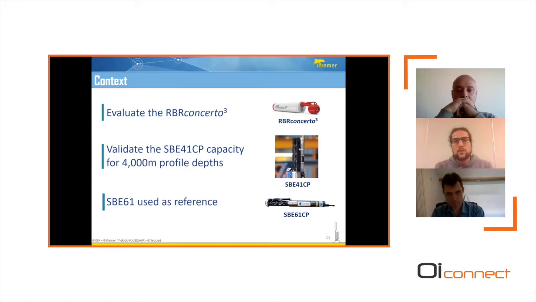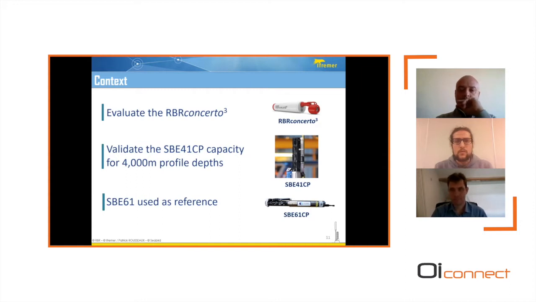And today the community is now ready to diversify sensors available for the core Argo network. But before deploying a new profiling float with a new CTD, they obviously need to evaluate and qualify new CTD. So we have focused our choice on the RBR Concerto 3, which is able to reach 4,000 meters deep.